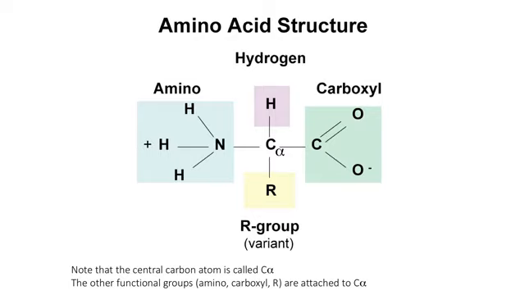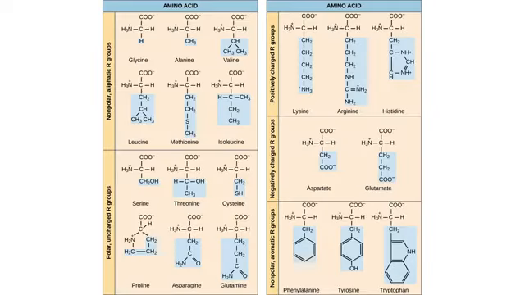And you can see that the charges on the amino and the carboxyl groups can be differentially distributed to the way that I've drawn them on the board. And here are the structures of the whole set of common amino acids. You don't need to know each of these, but you should be able to look at these particular structures and say, oh, this looks like it would be a charged amino acid or an uncharged. This would be polar or not polar.